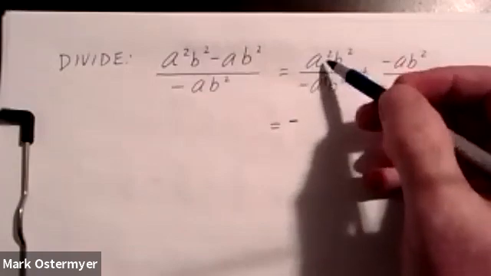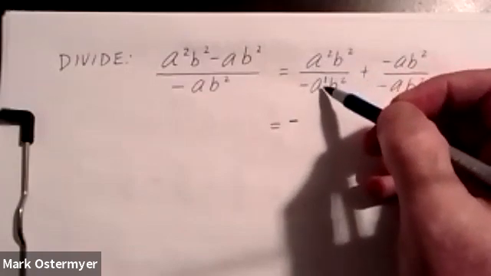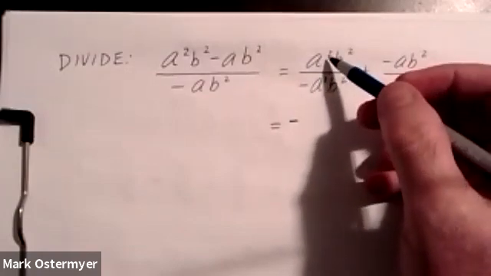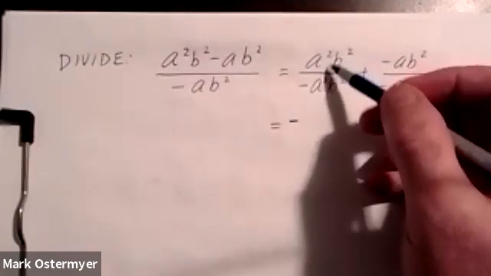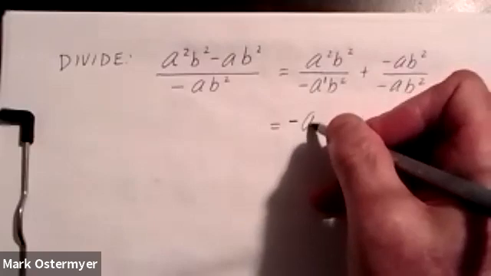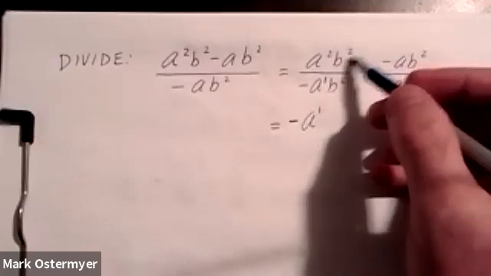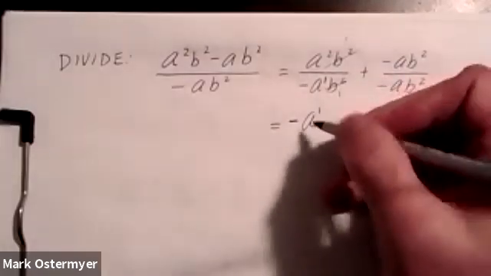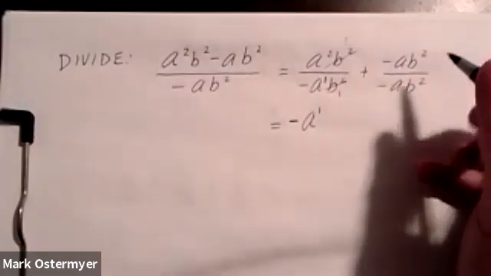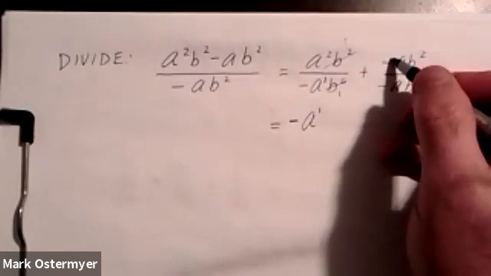What's a squared divided by a? That'll be a to the what? 2 minus 1 power. A to the 2 minus 1 power is a. What happens to the b squareds here? They reduce down to 1. We're left with negative a. What's a negative divided by a negative?